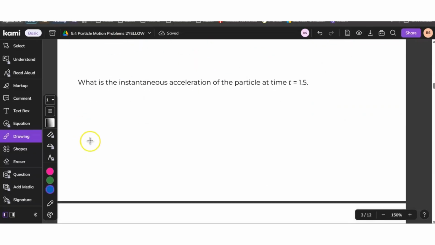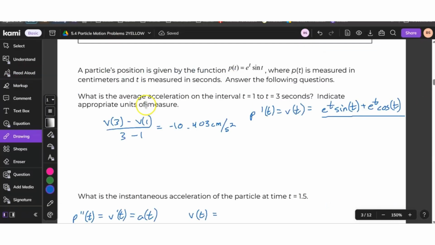All right, instantaneous acceleration. Well, that means I'm going to have to take this, the p double prime of t. I have a question. Yep, what's up? Like the question we did before, it's asking us to find the acceleration, but you said that position prime is equal to velocity.